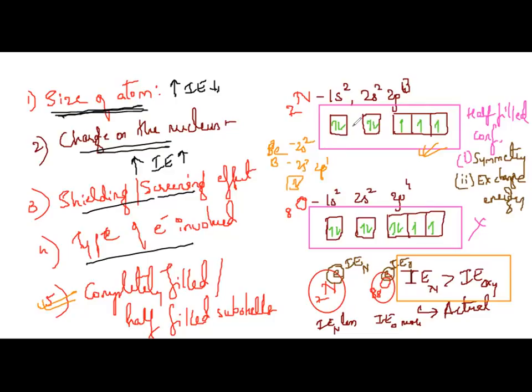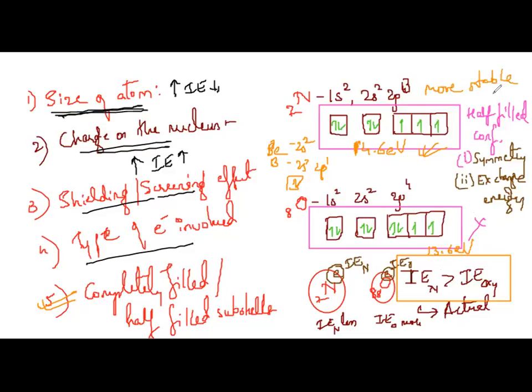Similarly with nitrogen and oxygen. In electron volts, the nitrogen ionization energy is 14.6 electron volts, whereas for oxygen it is 13.6 electron volts, because nitrogen has the outermost configuration p3, which is symmetrical. The p subshell is half filled and it is more stable.